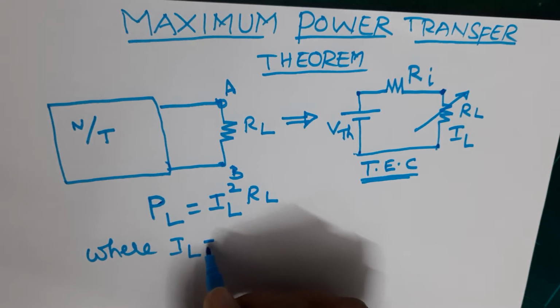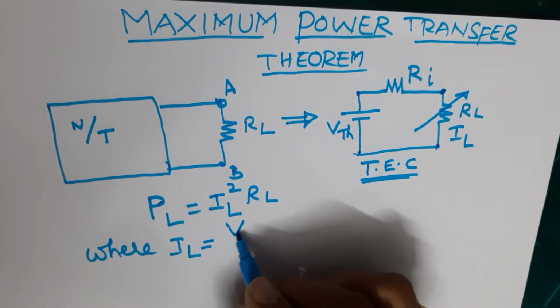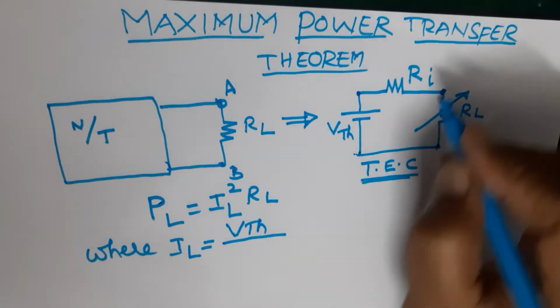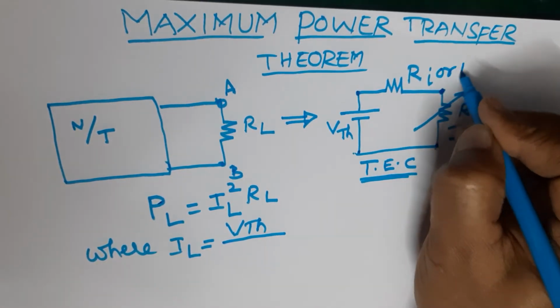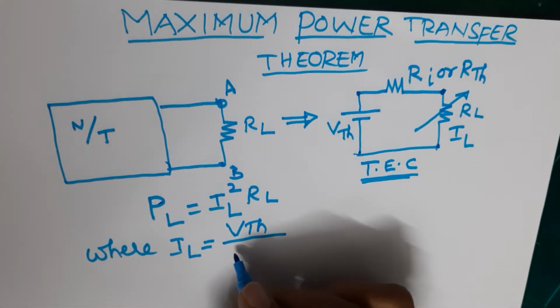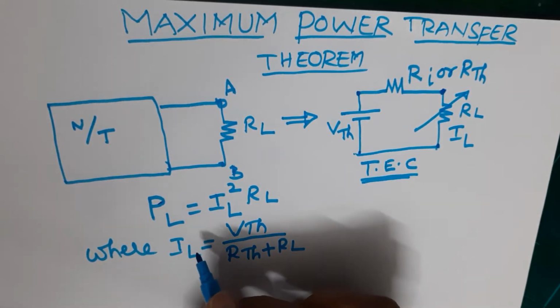IL is, from the Thevenin's equivalent circuit, given by VTH by, this is internal resistance or also Thevenin's resistance, RTH plus RL. This is our load current.